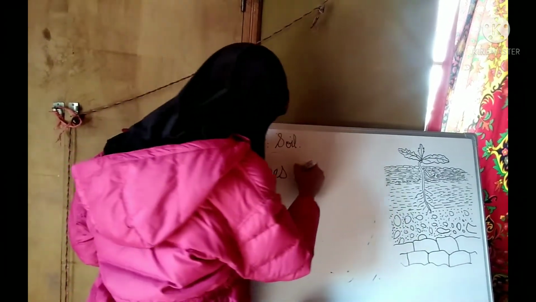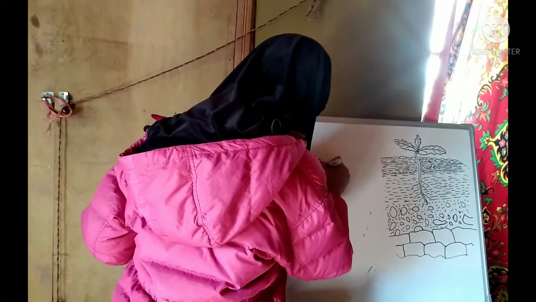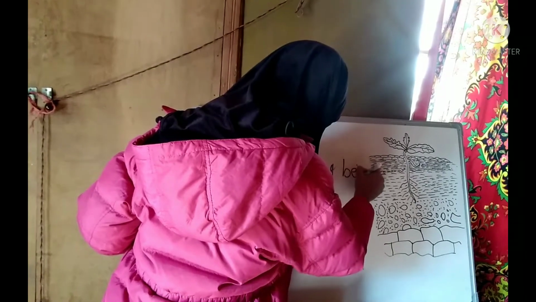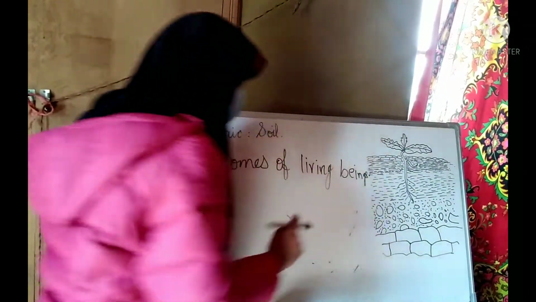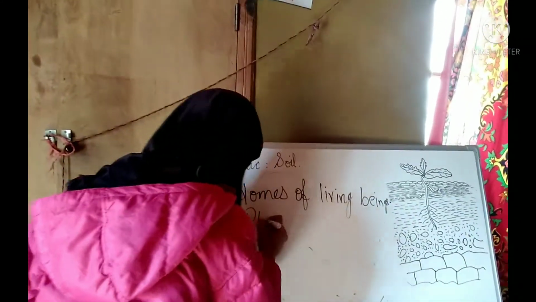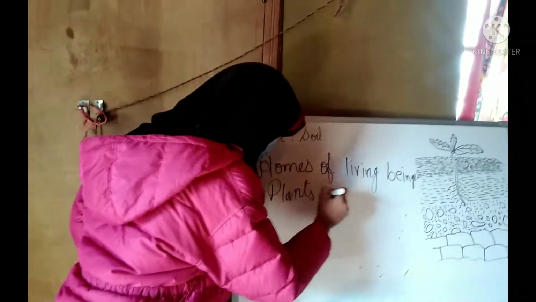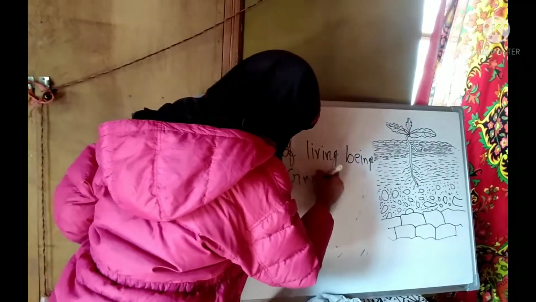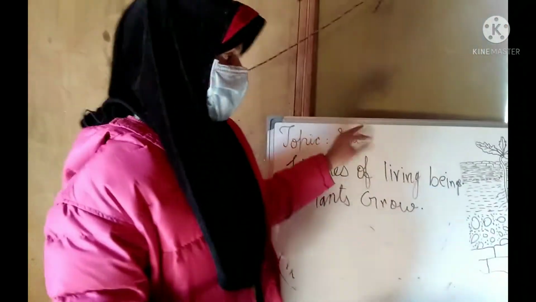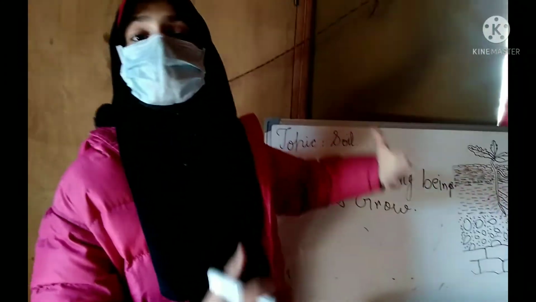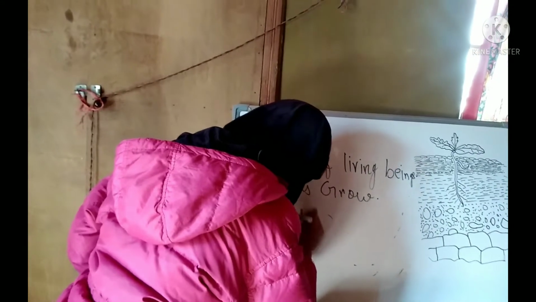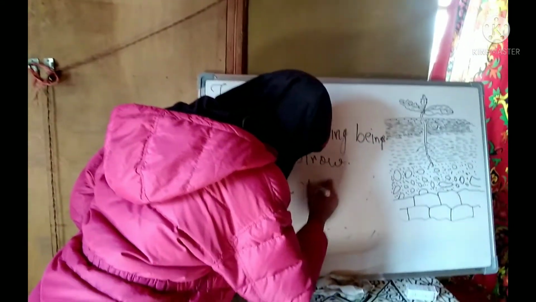Homes of living beings. And next is that the plants grow in the soil. Plants grow in the soil. And soil is used to make kacha houses.